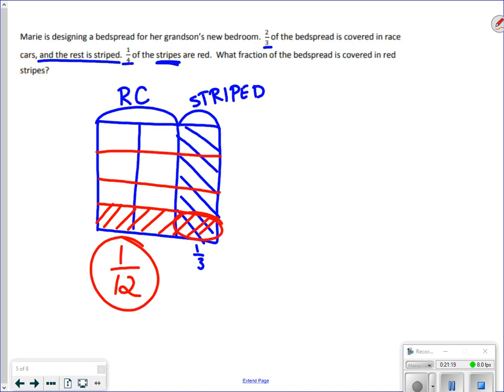So if you were doing a standard algorithm, if 2/3 of the bedspread is covered in race cars, that leaves 1/3 that is striped. 2/3 and 1/3 makes the whole bedspread, 3/3. Oh, so 1/3 times 1/4.